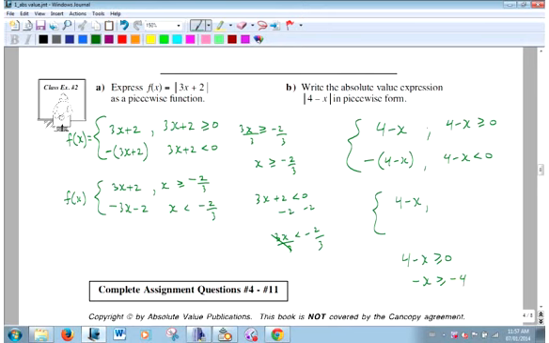I want to know about x, though, not minus x. How do I make that an x? Divide by -1, or multiply both sides by -1, and when you do that, what happens? You have to flip the sign, yes. So less than or equal to 4, so this one must be greater than 4, minus 4 plus x.